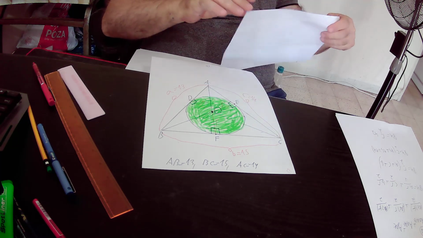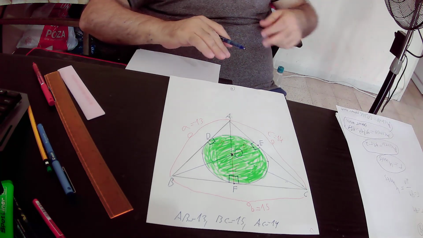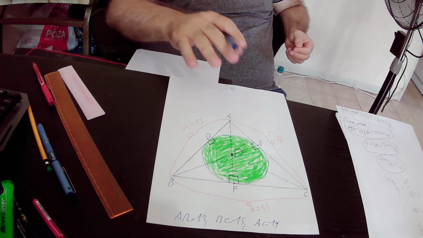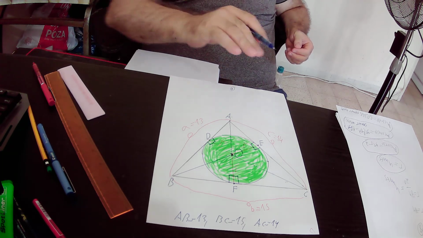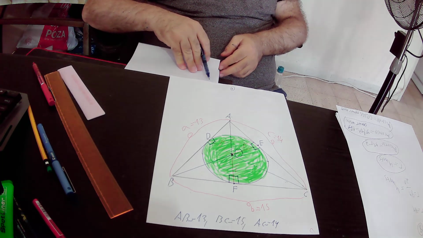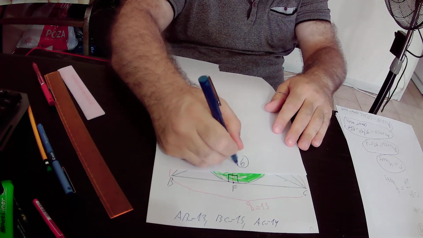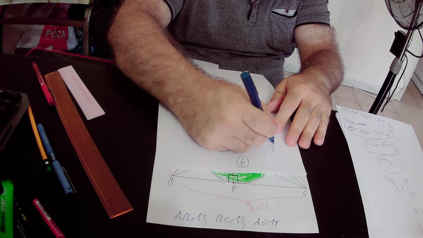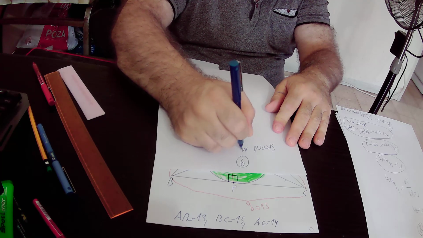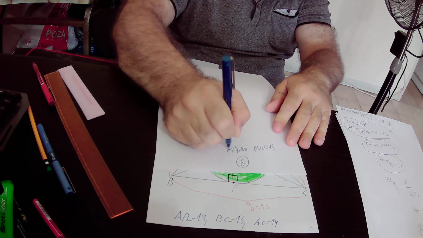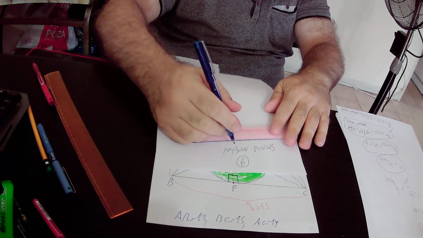Okay, so in the next step I will show you a second method to find out the area of triangle ABC.